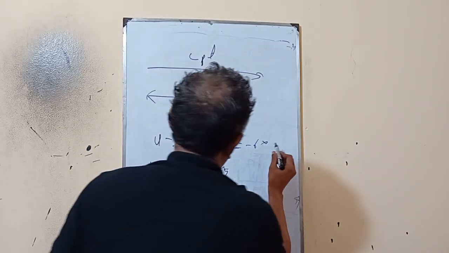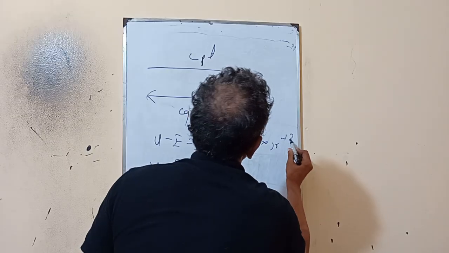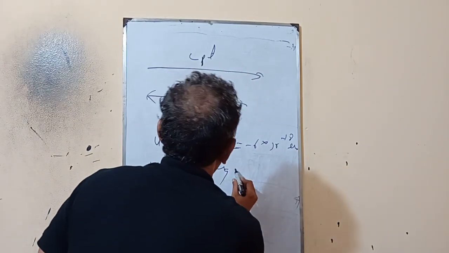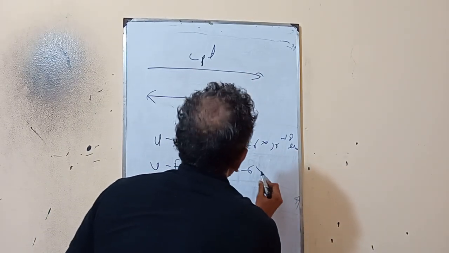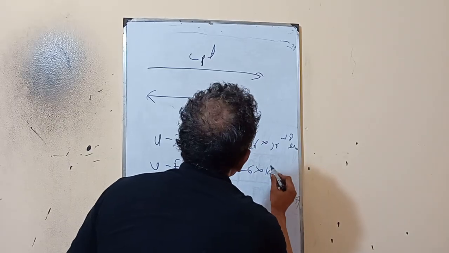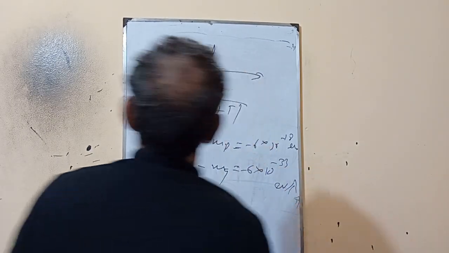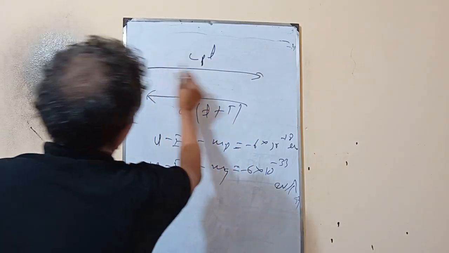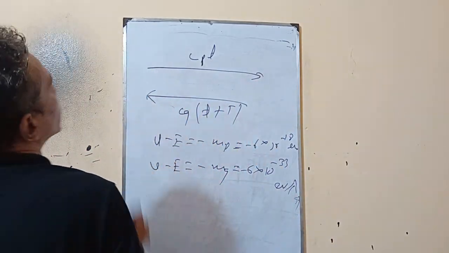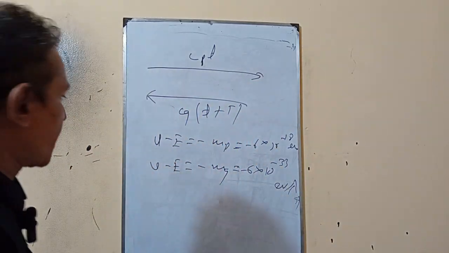Minus 6 into 10 to the minus 18 eV c square and minus 6 into 10 to the minus 32 eV c square. This is injection. This is a straight line there and this is a straight line there. Okay.